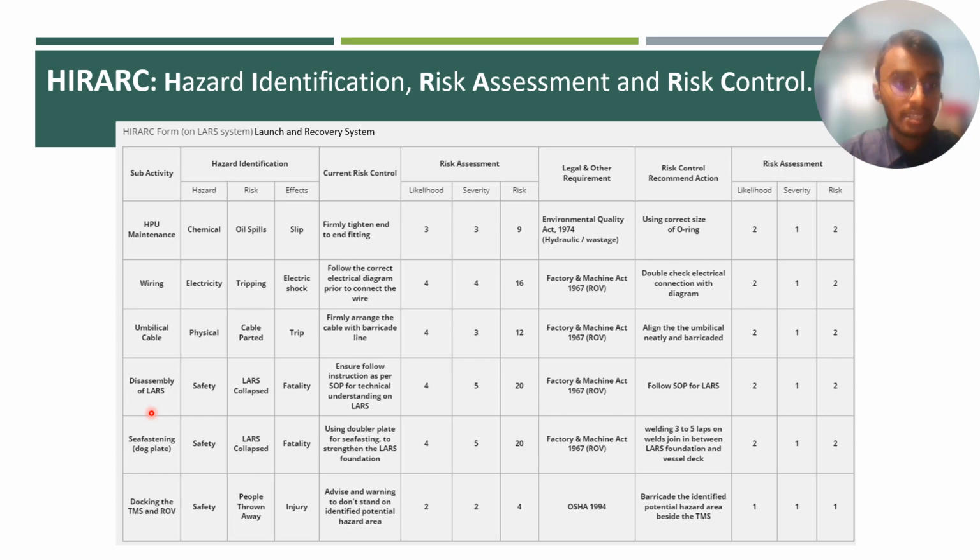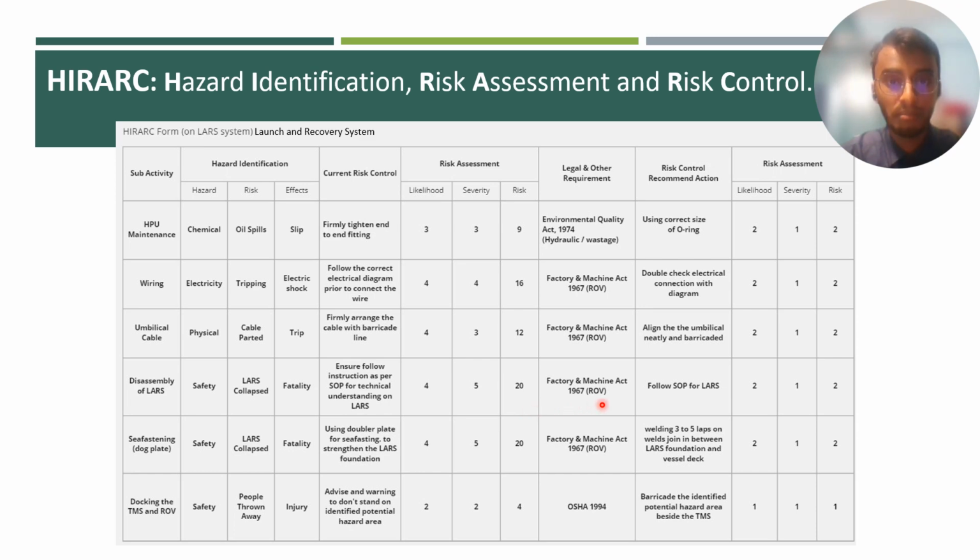And the next sub-activity is disassembly of the launch and recovery system. So the first safety identification hazard is safety, and the risk is launch and recovery system collapse. Effect could be fatality. So the current risk control is to ensure to follow instructions as per SOP for technical understanding on the launch and recovery system, and the risk assessment for current likelihood is 4 and the severity is 5 and the risk is very high, which is 20.